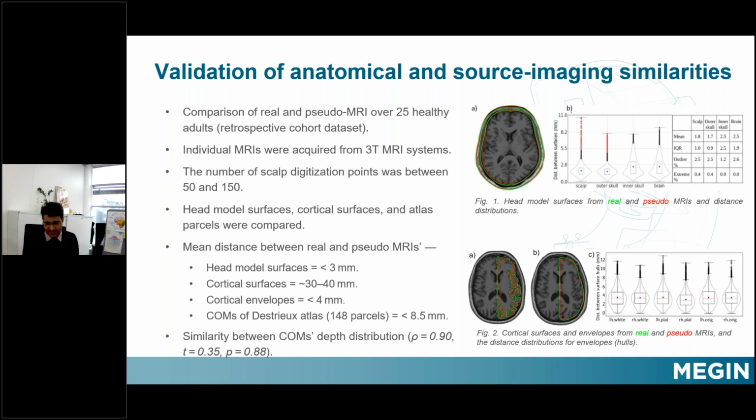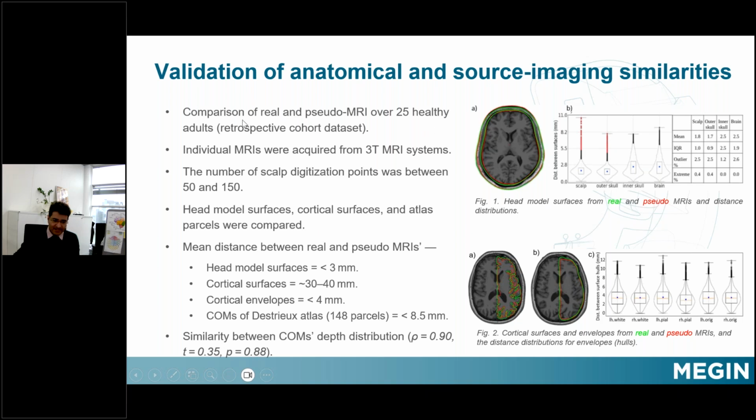In the anatomical validation, we compared the surfaces that we usually require: the head model surfaces, usually the 3 or 4 surfaces that FreeSurfer or MNE usually provide. We also compared the cortical surfaces, and the cortical envelopes, which you can see here.